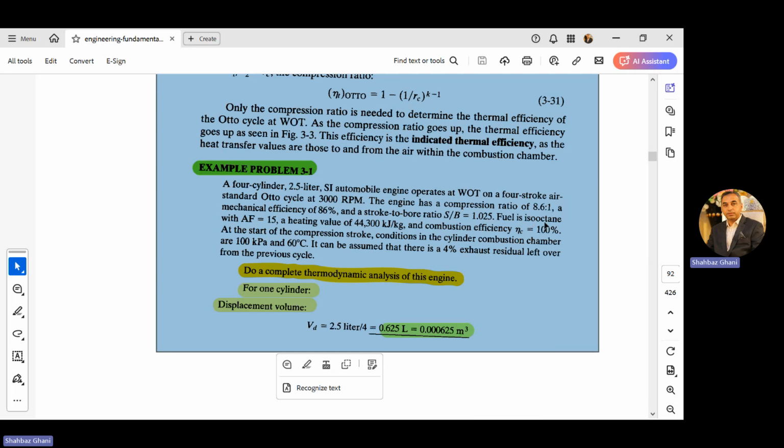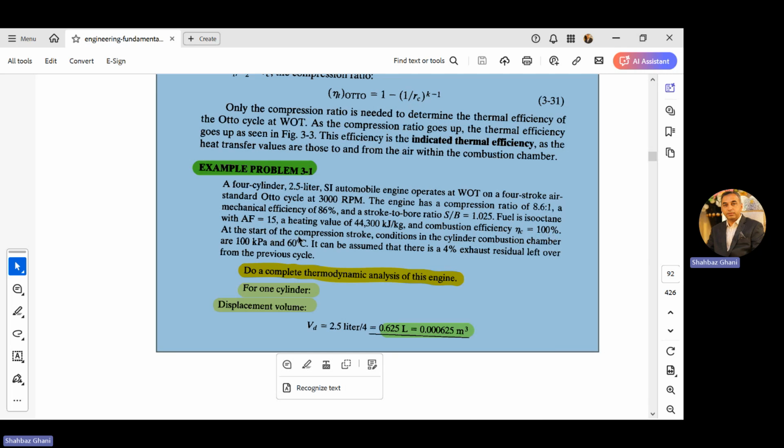The fuel which we are using is isooctane, and the air fuel ratio is 15, with a heating value QHV of 44,300 kilojoules per kilogram, and a combustion efficiency of 100%. So it's assumed that the combustion efficiency is 100%.